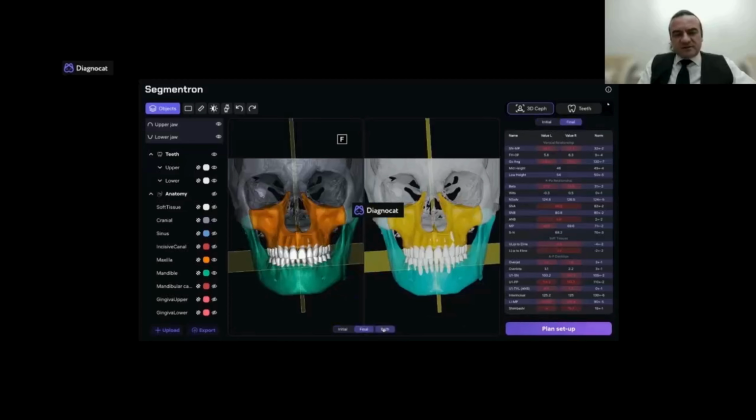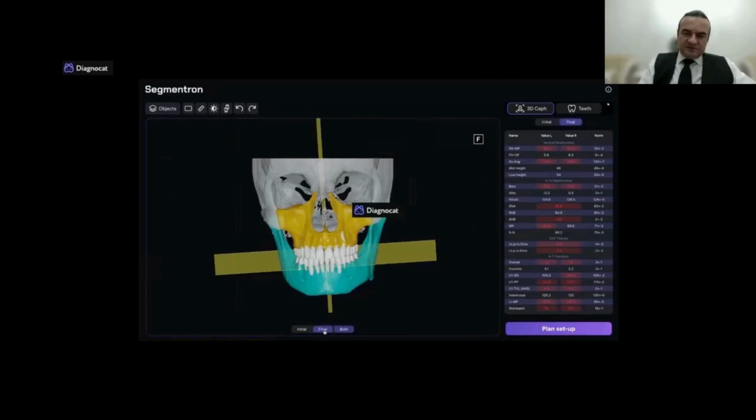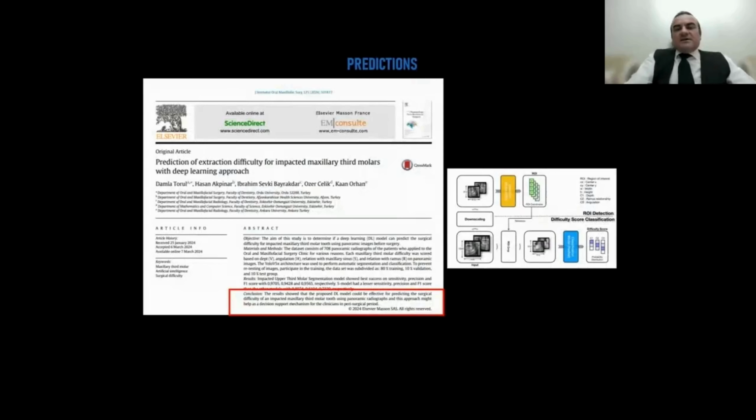Here is one of the 3D representations from a vendor. From the 3D image, we can make a 3D representation of the teeth, and we can play around with each tooth as well. The prediction side is quite new, and we are working on this very heavily.